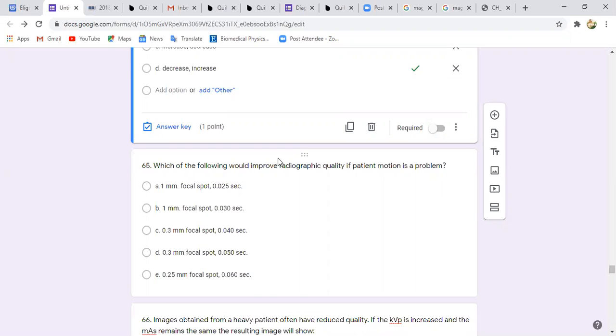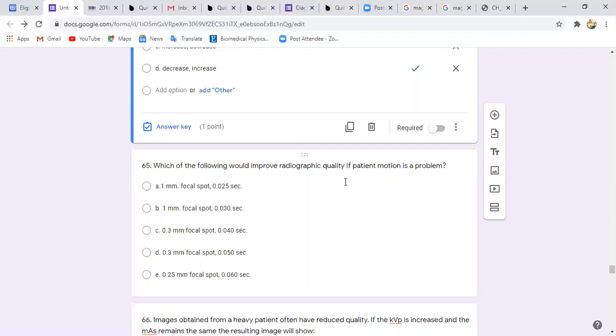In any case, if motion is an issue, the best thing to do is to reduce the time. This is the lowest time here, so as the case may be, we should go for A, but of course this is a very big focal spot size.